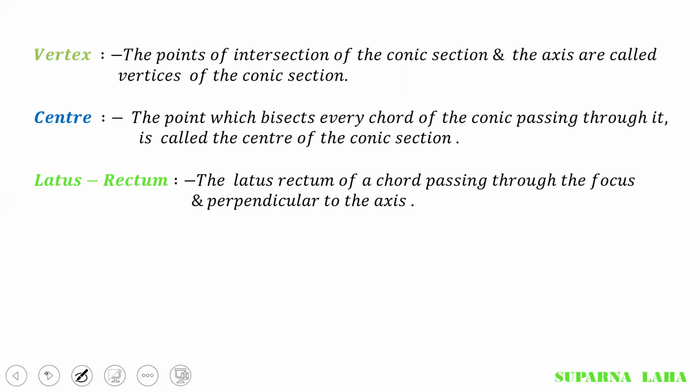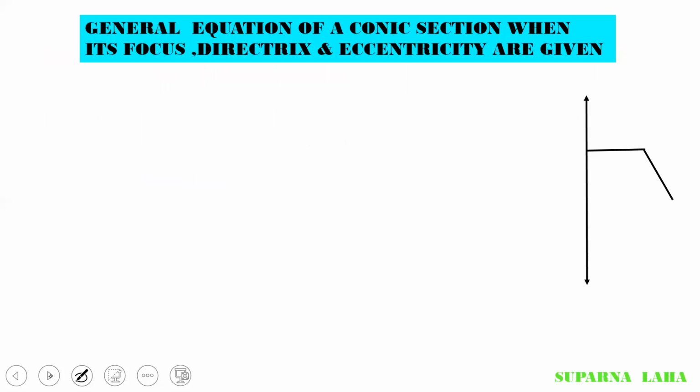So these are the definitions, and by the definition of the conic section, we will find the general equation for the conic section. According to the definition, we need a fixed point. Suppose this is S(alpha, beta), and we need a point P(h, k), and we need a fixed line.